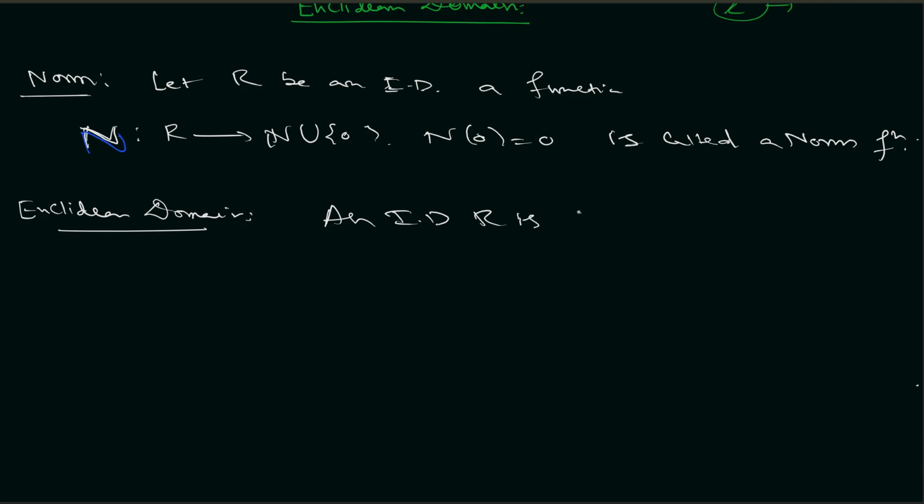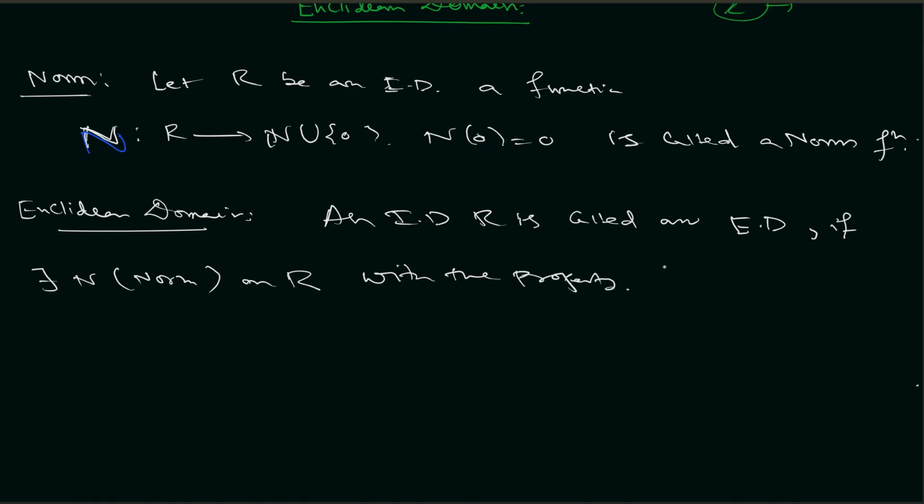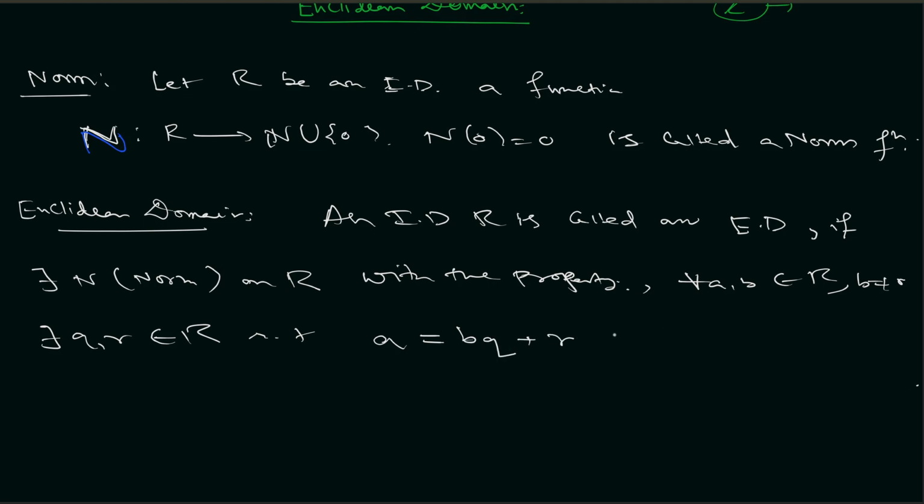An integral domain R is called a Euclidean domain, ED in short, if there exists a norm n on R with the property that for every a comma b in R with b non-zero, there exist q comma r in R such that a can be written as bq plus r, with r equal to 0 or n of r less than n of b. This is called a Euclidean domain.